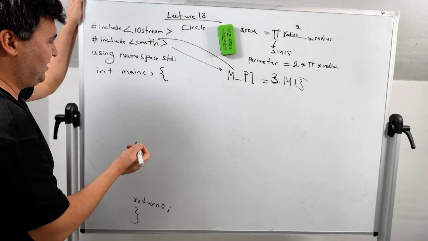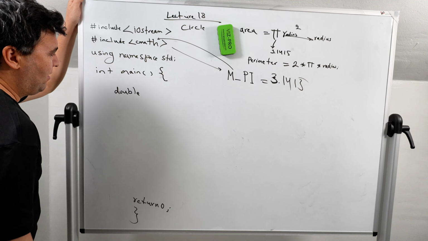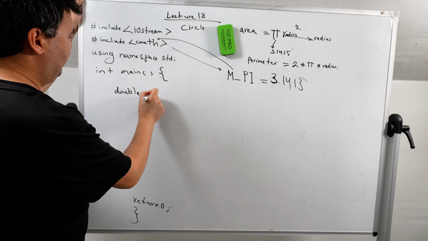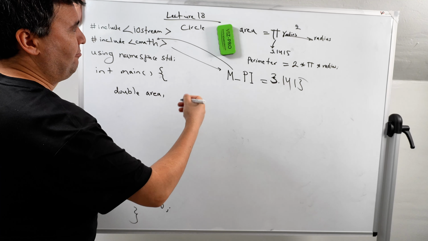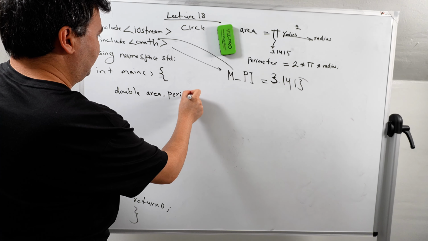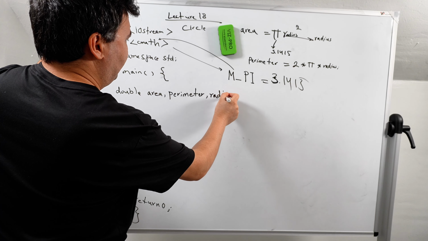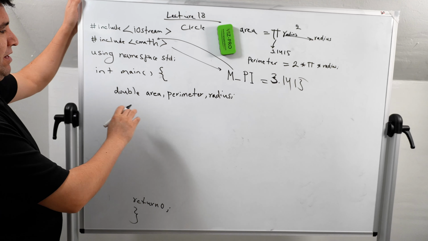How many variables do we need? We need double area, then double perimeter, and we need a radius. We need 3 variables.